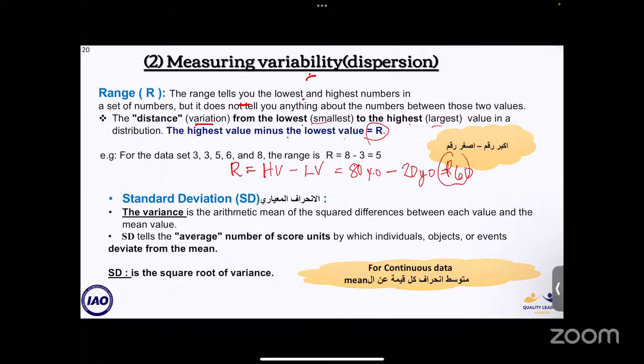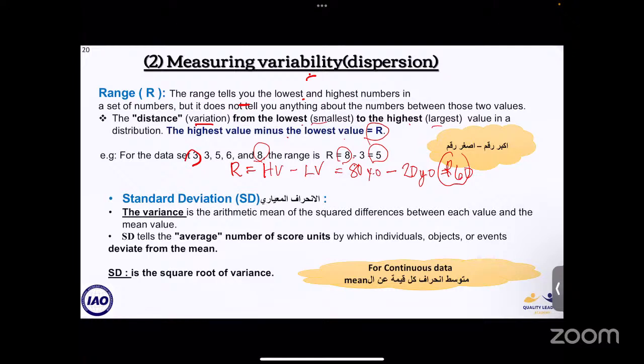Here is another example: 3, 5, 6, and 8. What is our highest value? We have 8, and 8 minus the lowest value, which is 3, gives us 5 as the range. So this is a clear measure of variability.